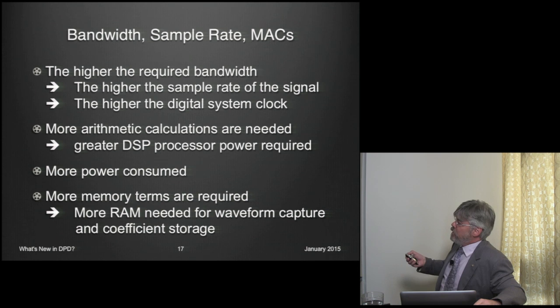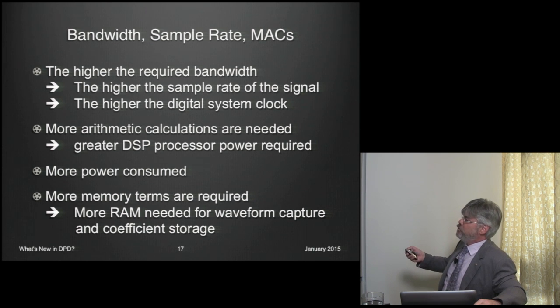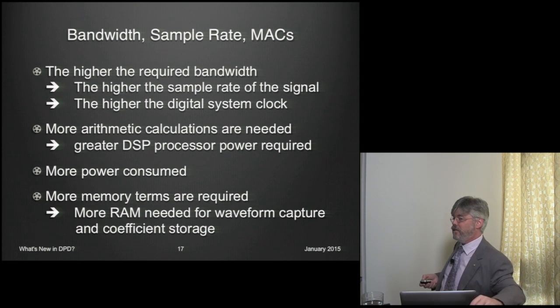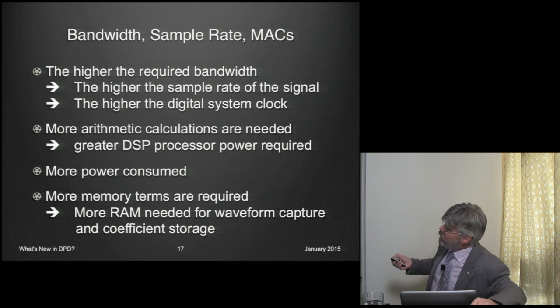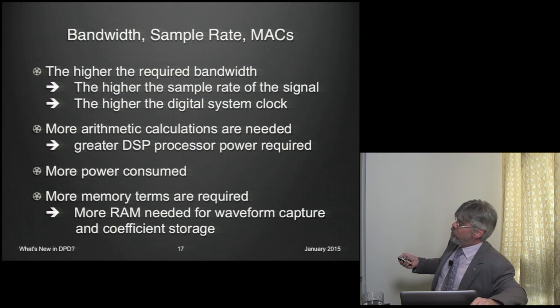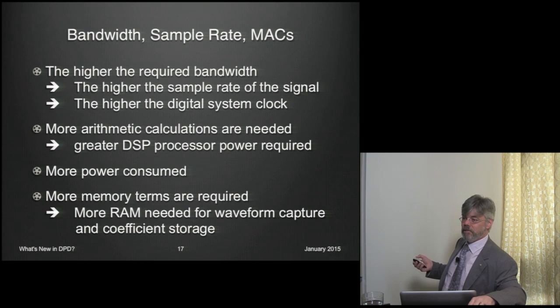The sample rate effect: bandwidth, clock sample rate, and the number of multiply and accumulate calculations that you need to do to calculate DPD. The higher the required bandwidth, the higher the sample rate that we need, so that's the higher the digital system clock, and that means you're going to have to do lots more arithmetic calculations, and so greater DSP processor power is required.